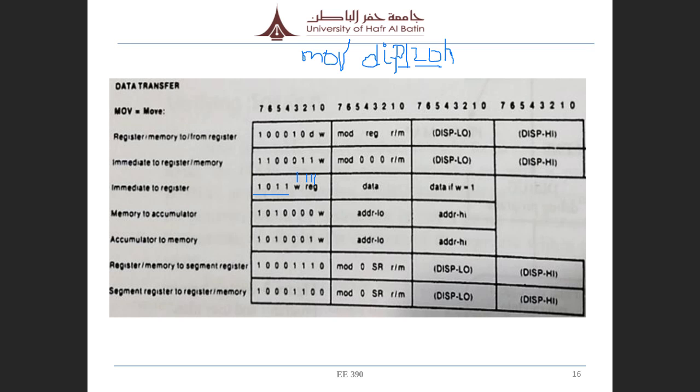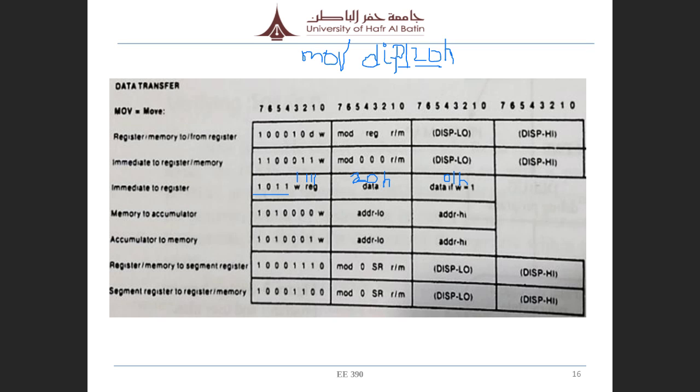Now the data is very easy, because the lowest byte is 20, so 20H. I put the H here because it's written in hexadecimal format. 20H and then 01H.